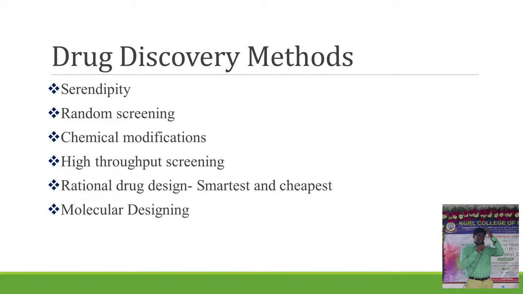That means the unstudied proteins are 38%, so there is a huge gap, a huge area where you can work. You can work to identify the structure of the protein and then use that structure for finding new drug molecules, right?